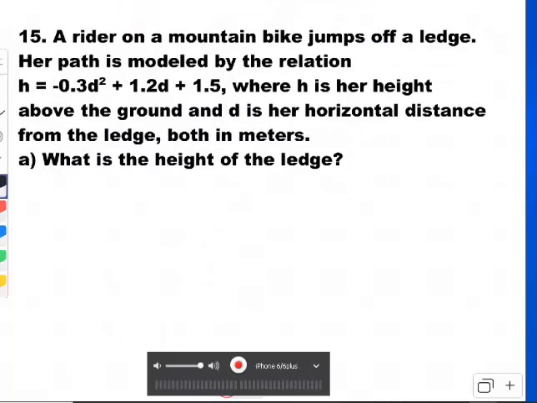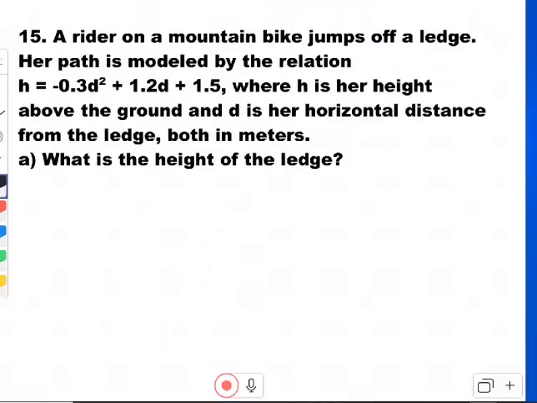The next question says a rider on a mountain bike jumps off a ledge. The path is given by this equation. H is the height above the ground and D is her horizontal distance from the ledge. What is the height of the ledge? To find the height of the ledge, we have to set D equal to 0.